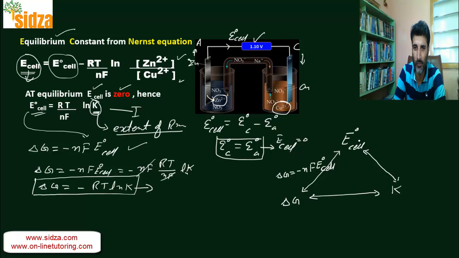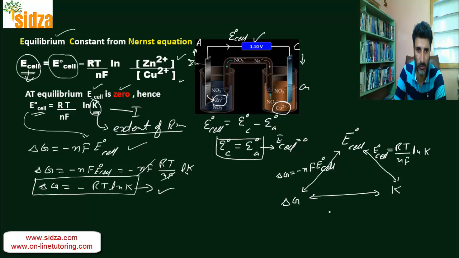The standard EMF of the cell is related to the K value by equation number 1, E0 of the cell is equal to RT by nF ln K, and you can find the delta G from the K value also.